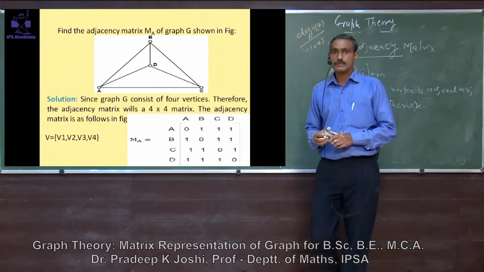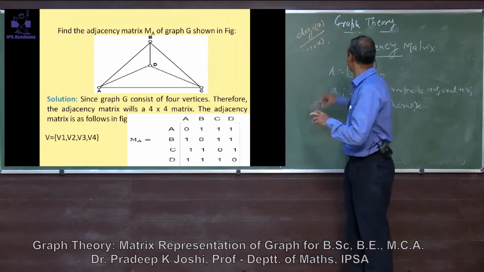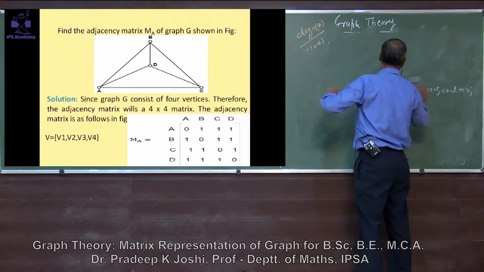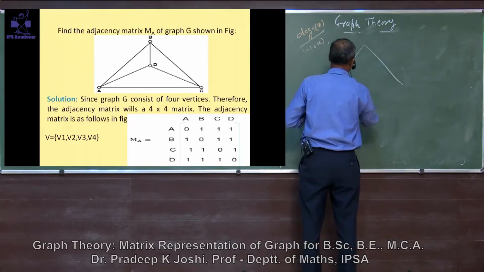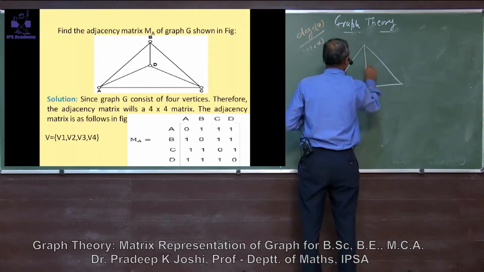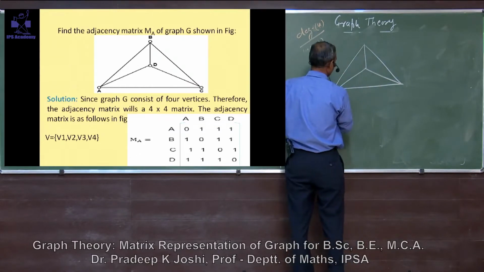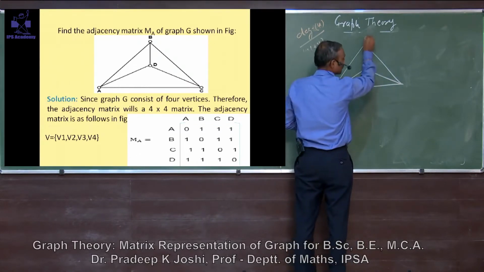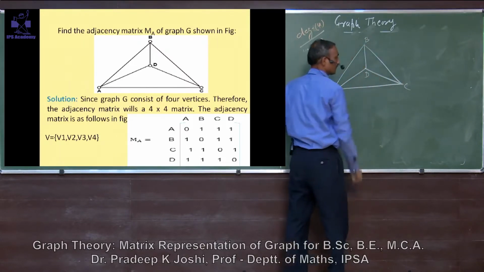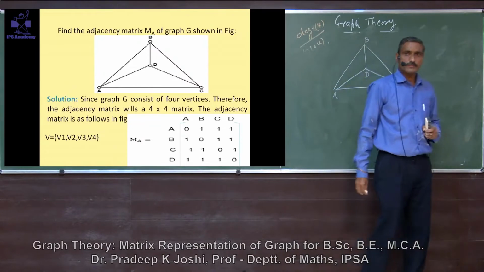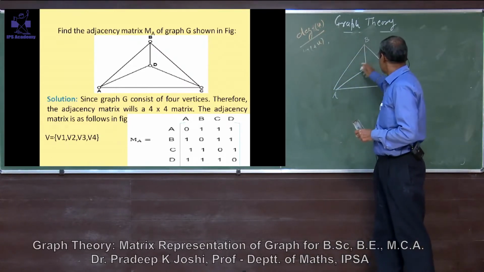For the given example, we find the adjacency matrix of the given graph. The graph is defined here. We can label the vertices A, B, C, and D. We are not labeling the edges because that is not required here.